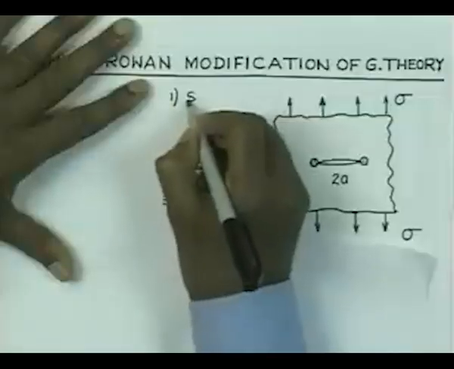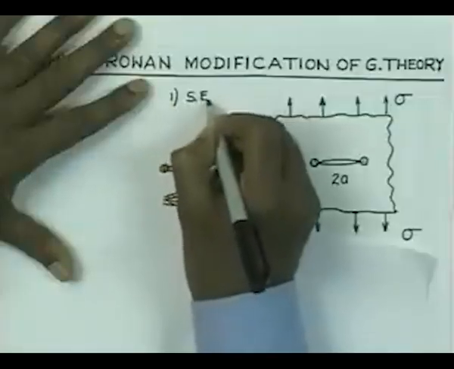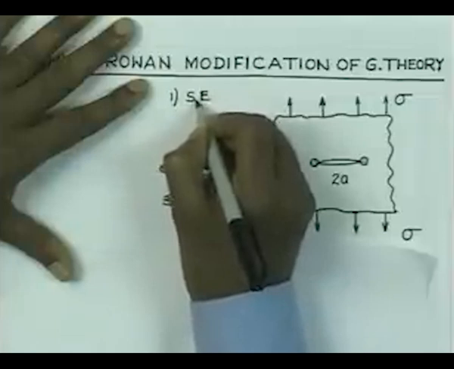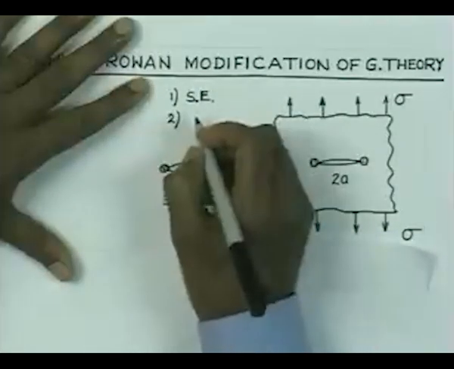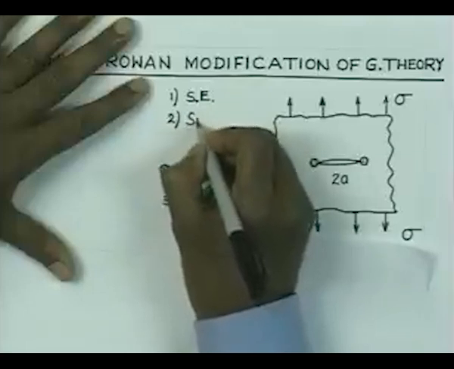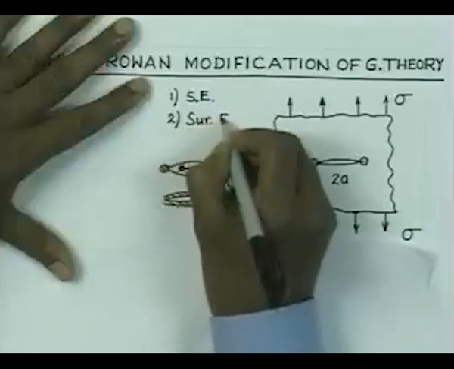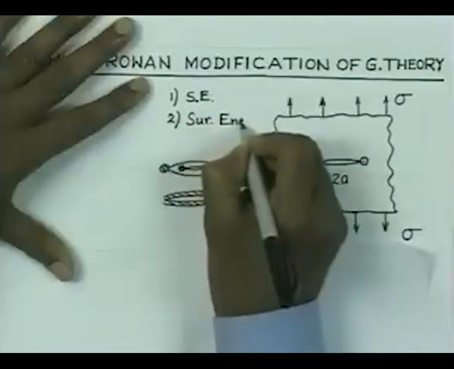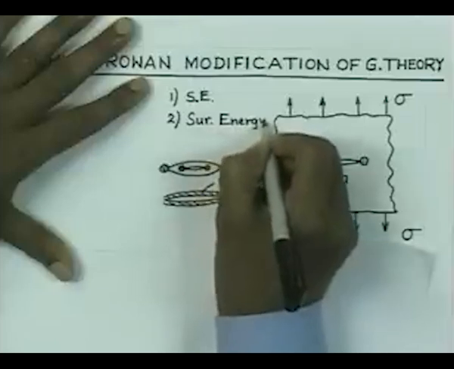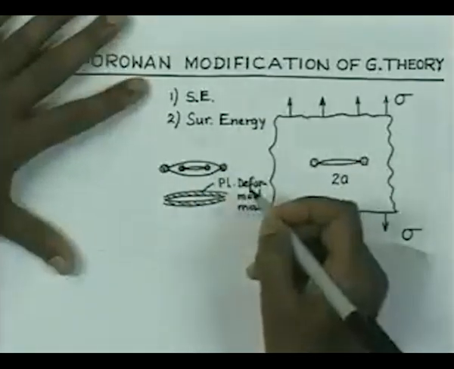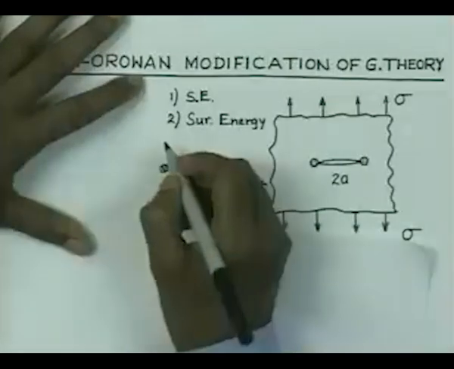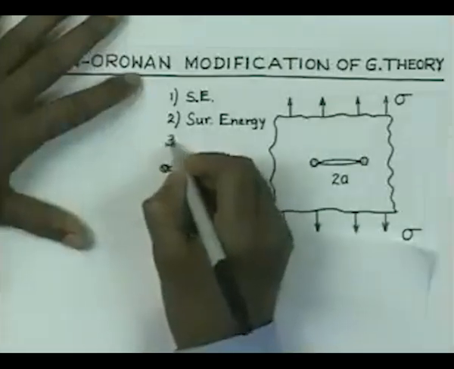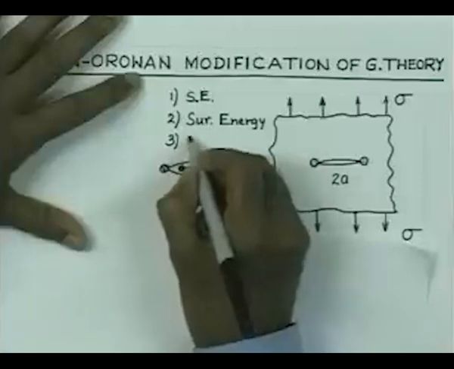We have already seen that there is strain energy, which is going to be the source of energy, and then we had also seen that there is surface energy, which is like the sink; the surface is like the sink, and therefore, this energy which goes into the sink is surface energy. Then we have another form of energy coming up, which is the plastic energy.